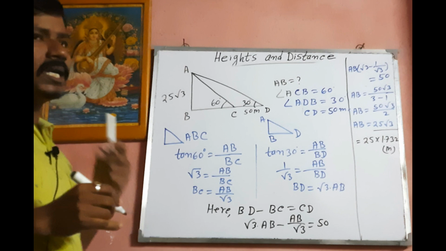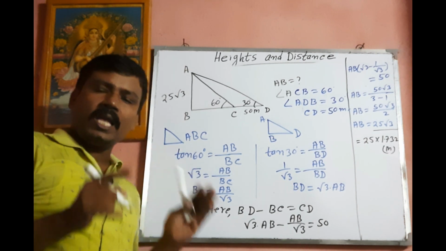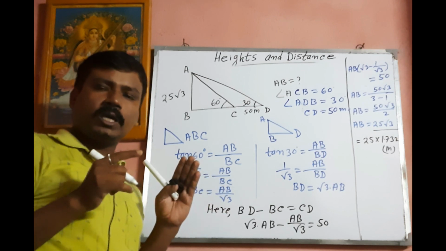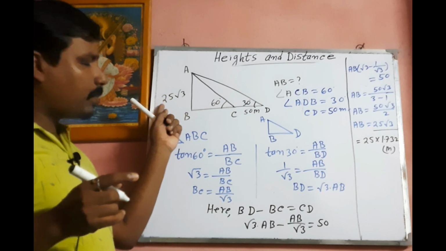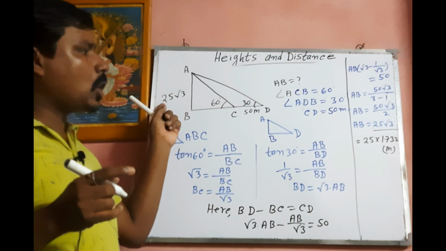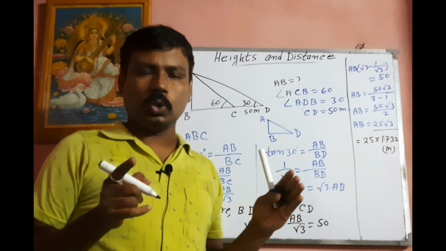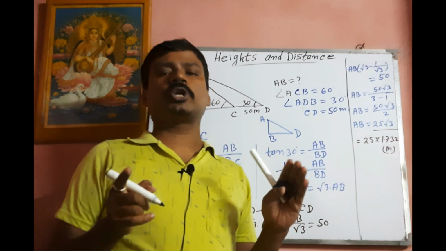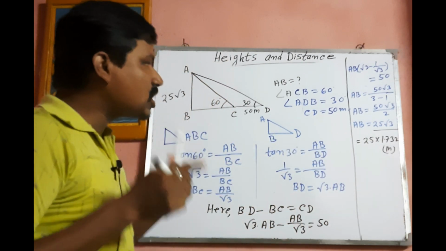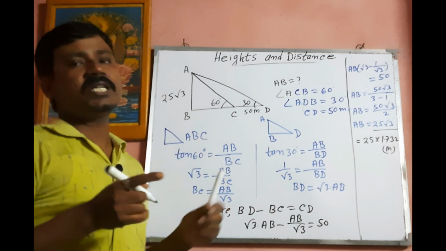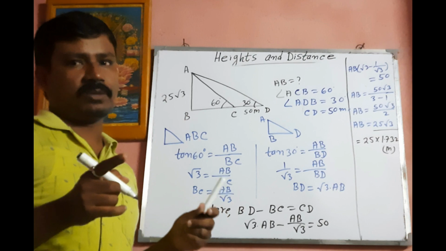So the length of the river or length of the bridge according to our given problem is 25 root 3, or 25 multiplied with 1.732, when the value of root 3 is equal to 1.732. So this is the completion of another type of example of this Height and Distance chapter.